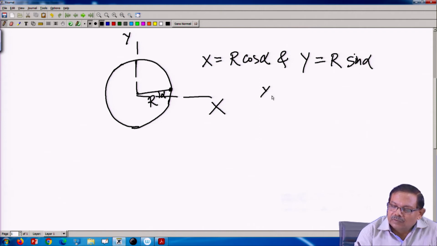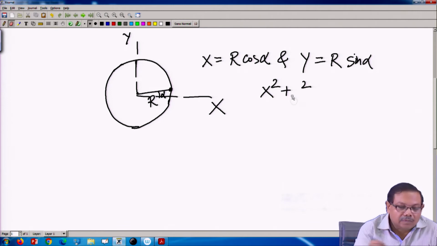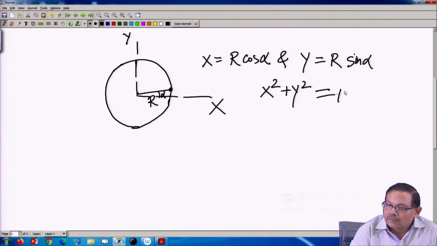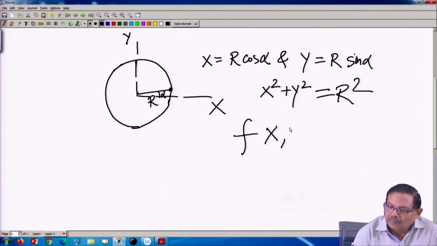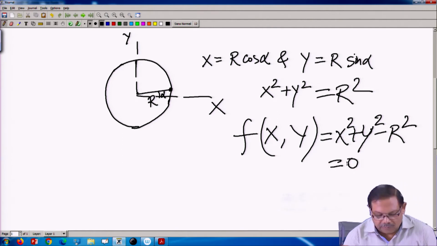So, x square plus y square equal to r square, right. My constraint equation would be f of x, y, which is independent of time, x square plus y square minus r square, that is 0. So, a similar kind of constraint equation.